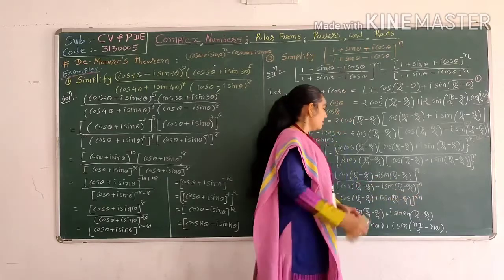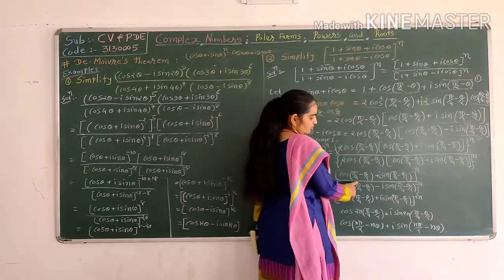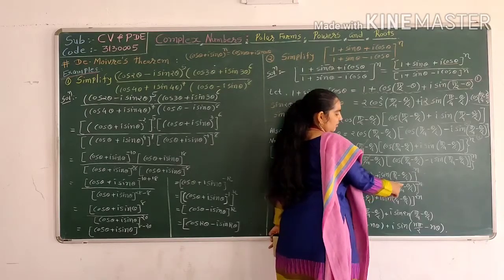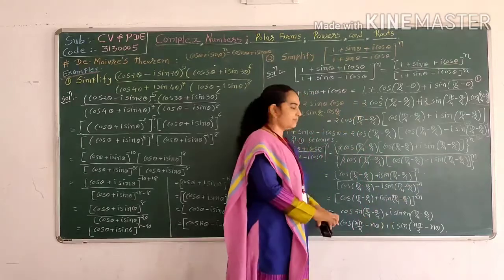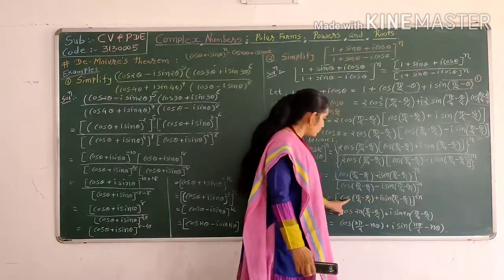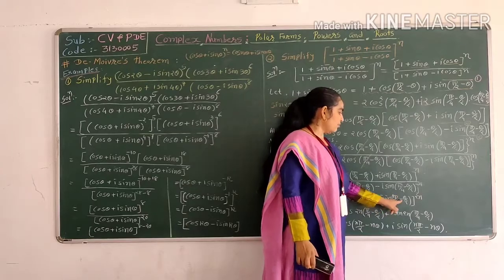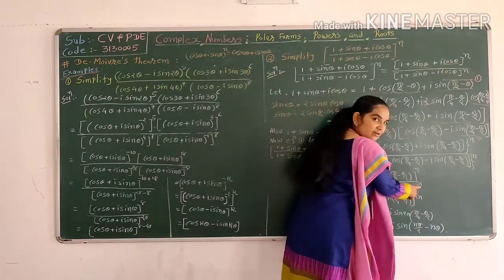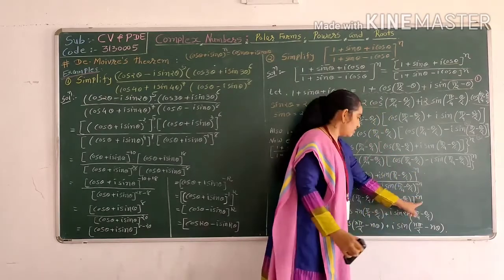Now we have to use here the corollary of De Moivre's theorem, that is cos(pi by 4 minus theta by 2) plus i sin(pi by 4 minus theta by 2) raised to minus n. Now cos(pi by 4 minus theta by 2) plus i sin(pi by 4 minus theta by 2) whole raised to this n and this minus n, that means n plus n is equal to twice n.